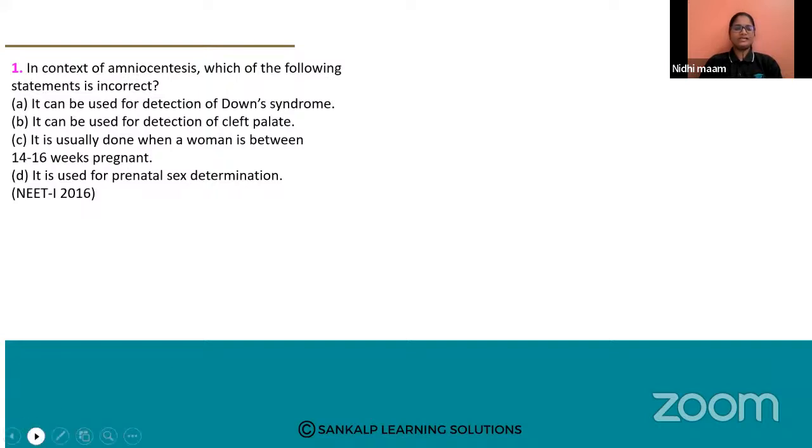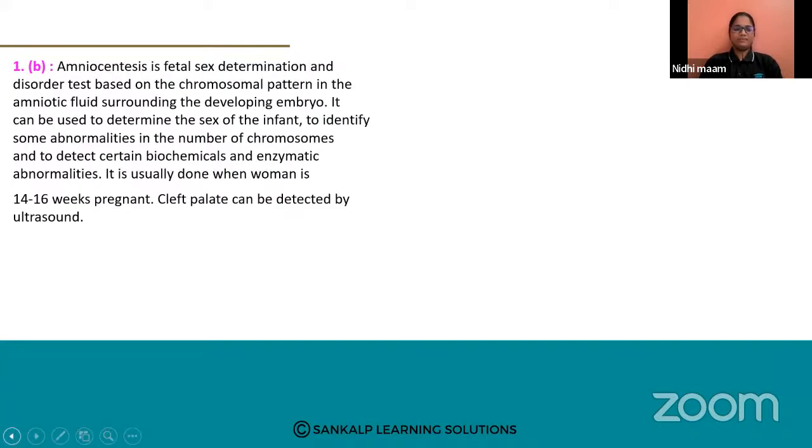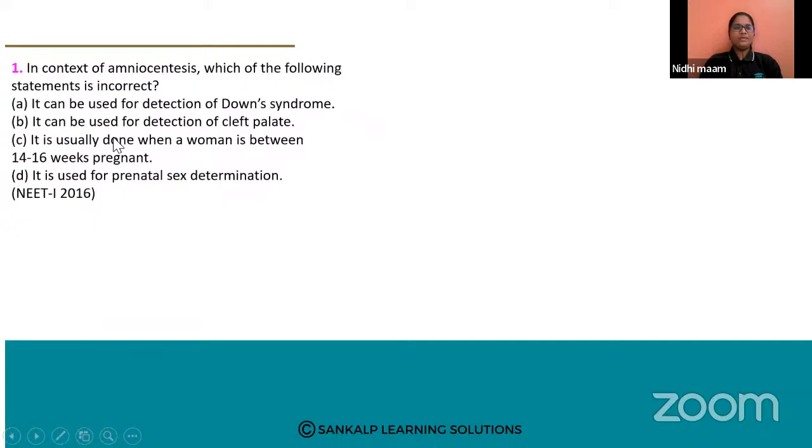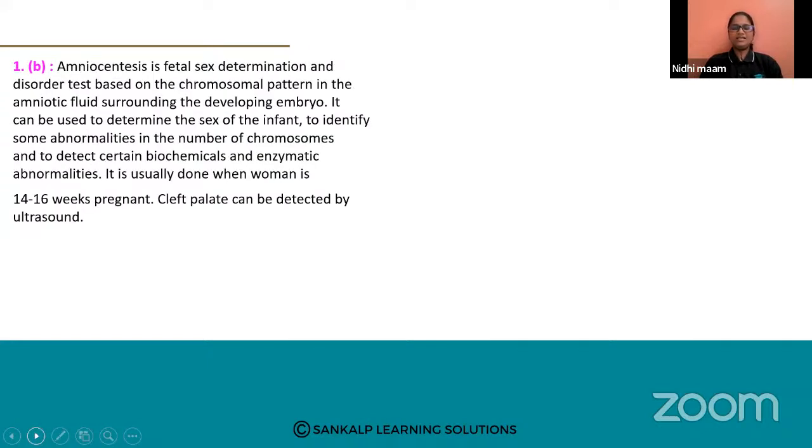Let us check the answer here. Option B, it can be used for detection of cleft palate. We learnt it in theory class. Amniocentesis is used in fetal sex determination. You can identify whether the baby is going to be male or female through amniocentesis, but it is banned.